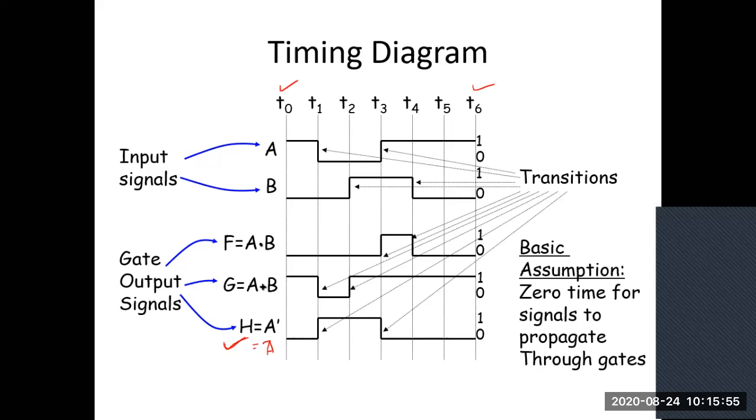So I am taking this A and complementing it, doing the inverse of this graph, 1 with 0, 0 with 1. Okay, let's come to this AND operation.